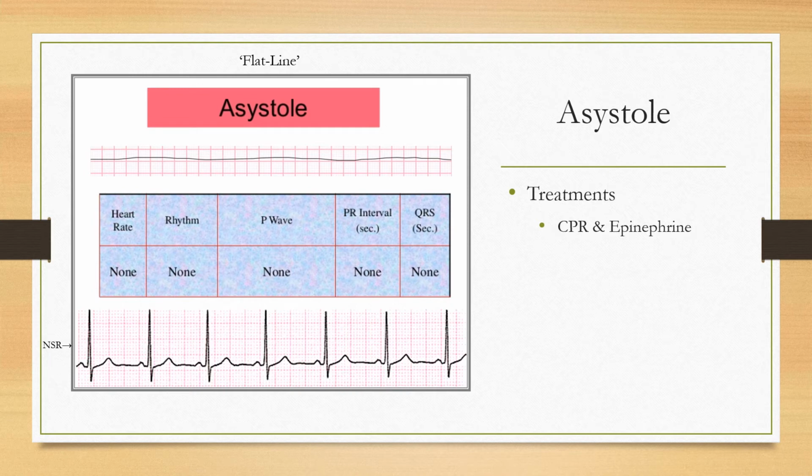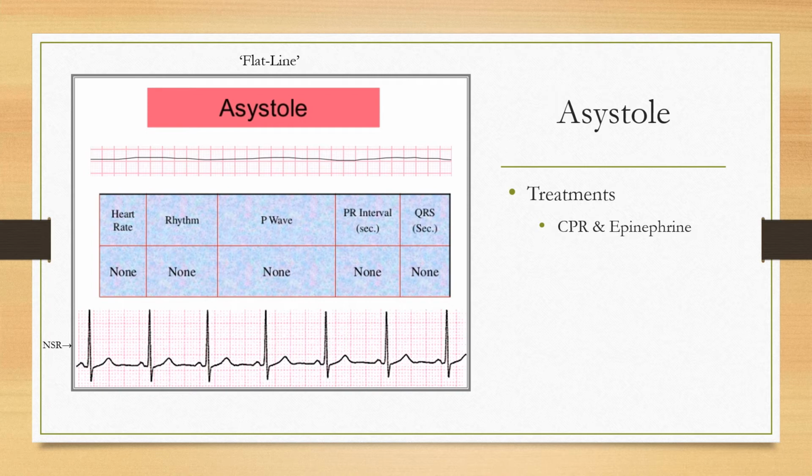Okay, so asystole is just what it describes, right? Asystole, no contractions, and not only no contractions, no electricity to the heart. So you're not going to see P waves or QRSs or T waves. It means that there's actually no electricity occurring that we're picking up on the leads.